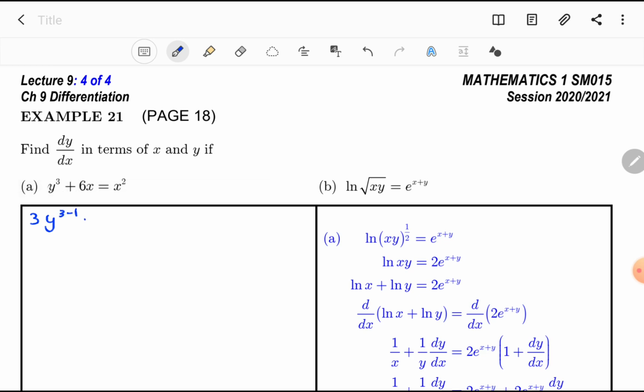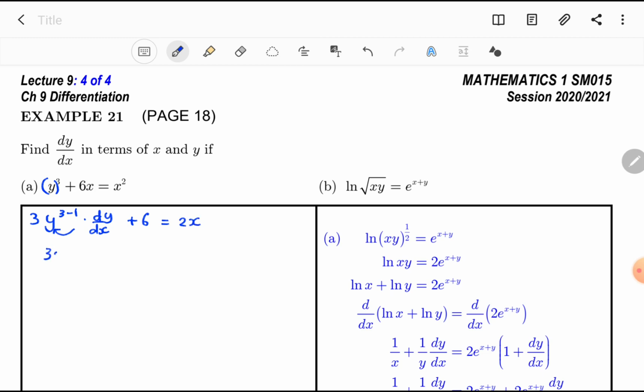And next, we need to differentiate the function inside, so differentiate y with respect to x, plus differentiate 6x is 6, and equals differentiate x squared is 2x.